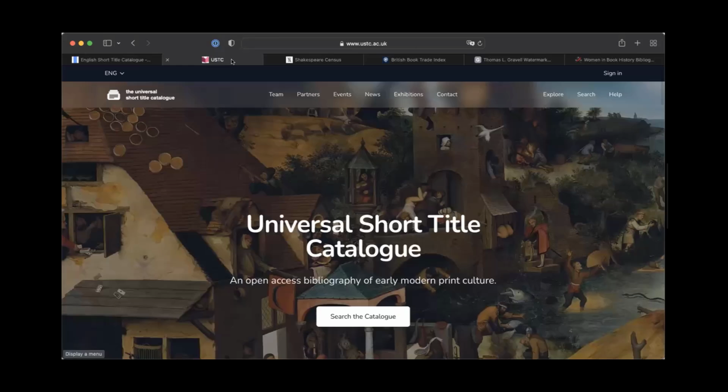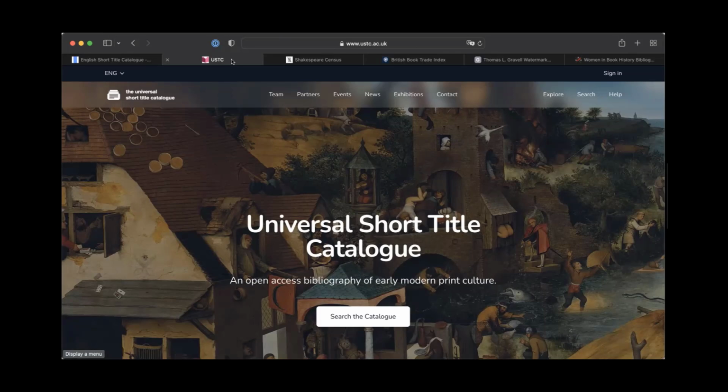And the USTC, the Universal Short Title Catalogue, does the same for early modern texts printed in Europe. Remember, though, that both of these catalogs are opt-in. That is, a library has to choose to submit their holdings. So there are certainly collections out there that are not represented in these catalogs, but they're still a great place to start.